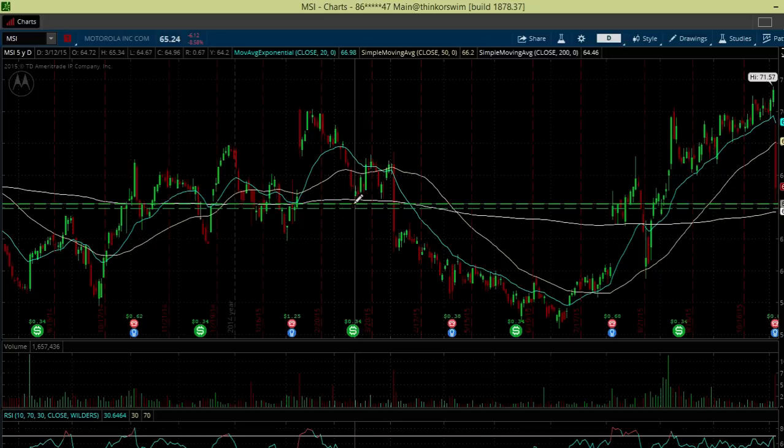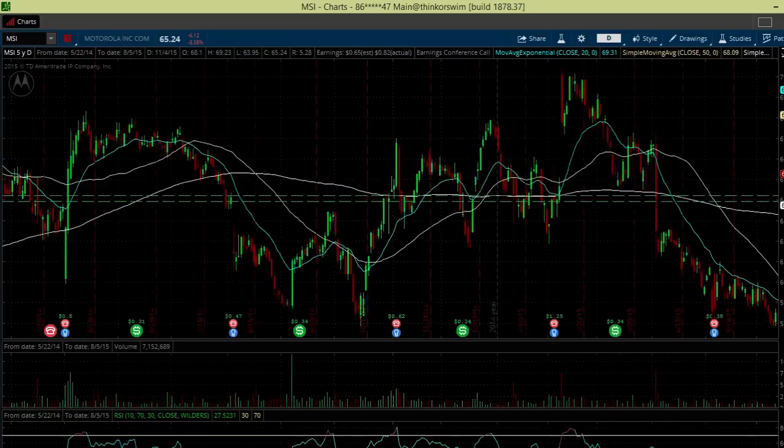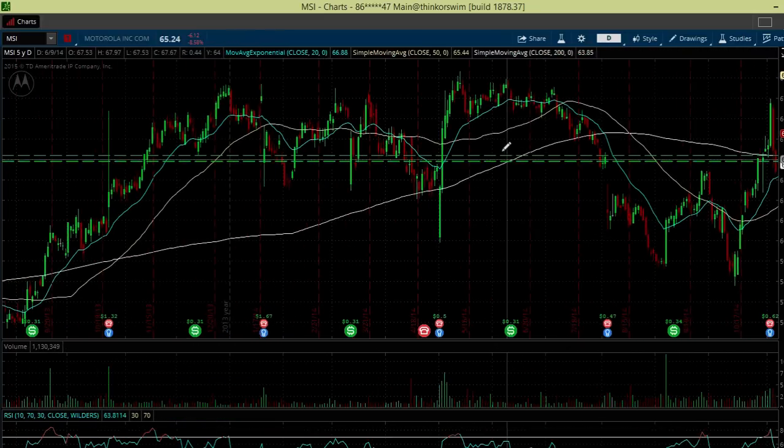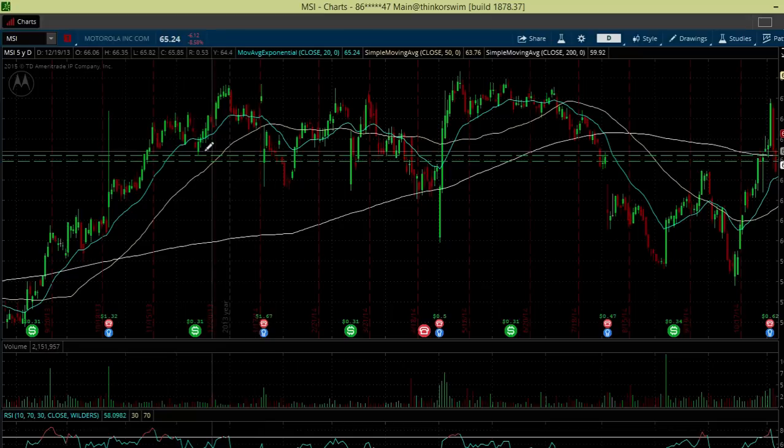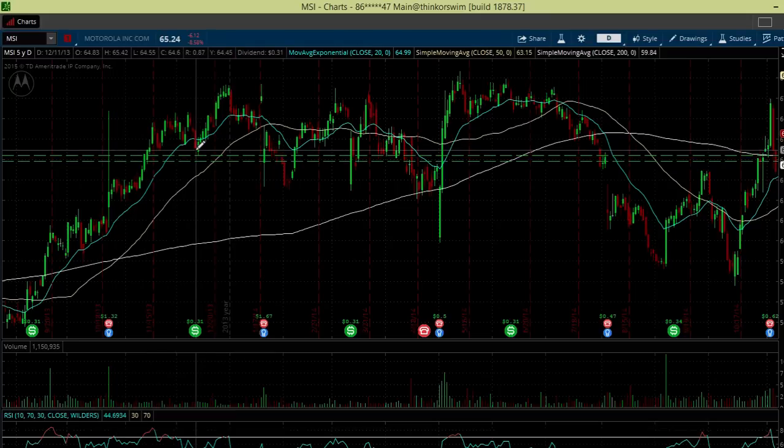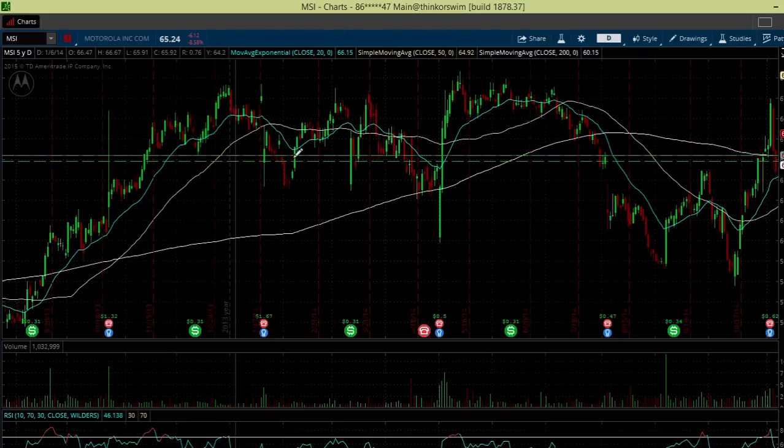That was close enough. But then I started looking back to see if there was another day that lined up with this. And here's another one right here, low of 64.21. And if I see a couple days where I've got a dip at the same level and bounce back up, I know there's some support there.